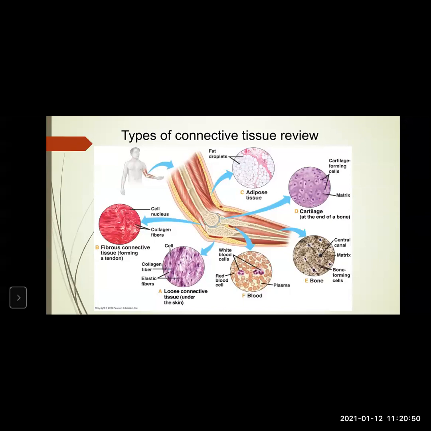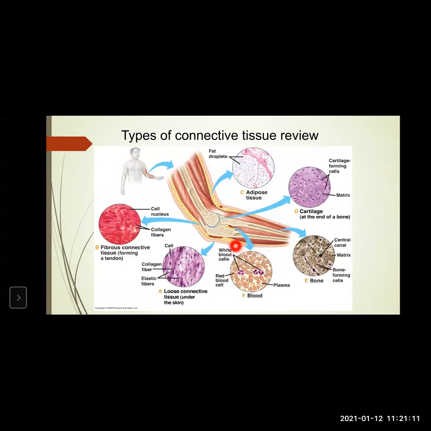Then the second type that we have studied was loose connective tissue. Where is it present? It is present below the skin, in between the muscles, and also around the blood vessels.